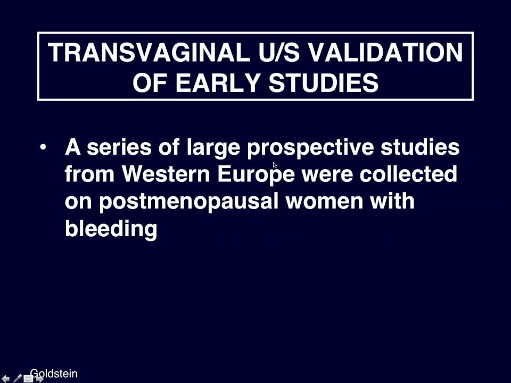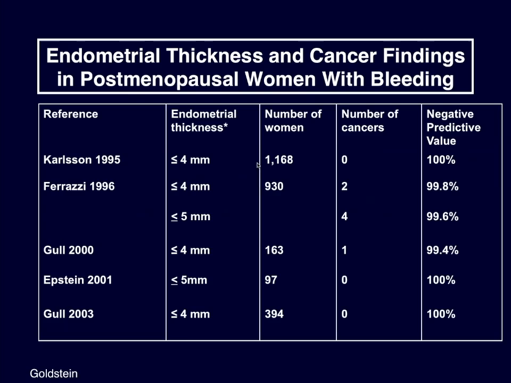Then a series of large prospective studies from Western Europe were collected on postmenopausal women with bleeding. And the Nordic trial, published in 95, out of 1,168 women who had an endometrial echo less than or equal to 4 millimeters, they had no cancers. Enrico Ferrazzi in Italy, 930 women less than or equal to 4 millimeters, 2 cancers, less than or equal to 5 millimeters, 4 cancers.